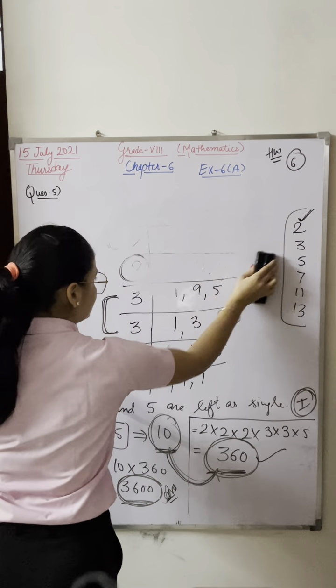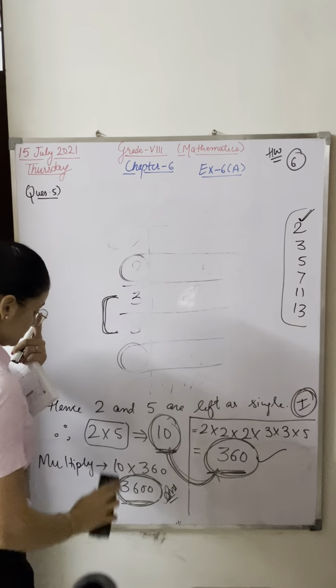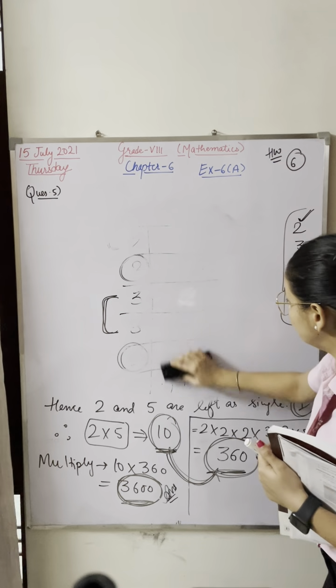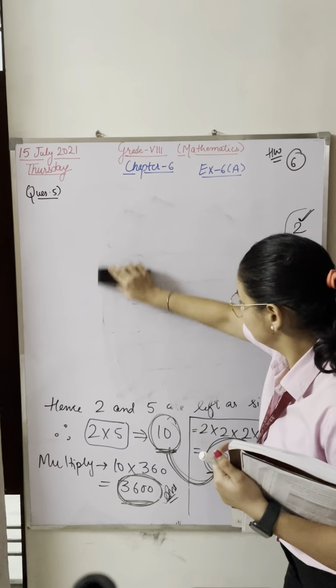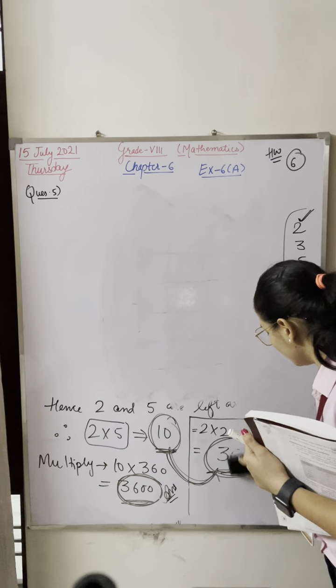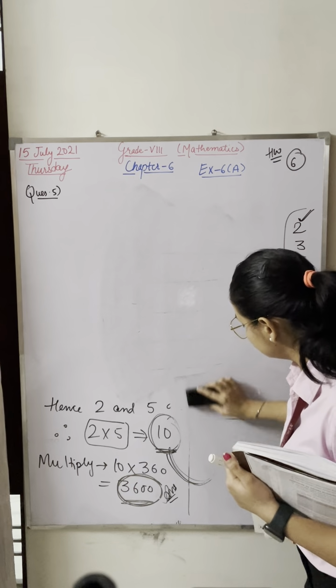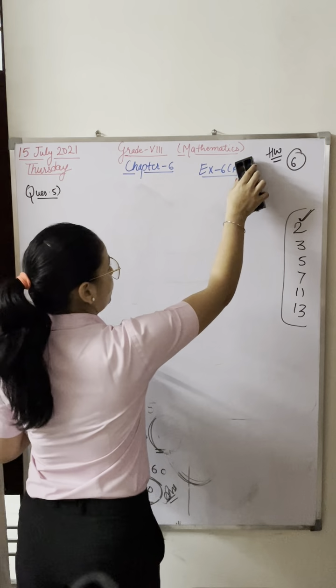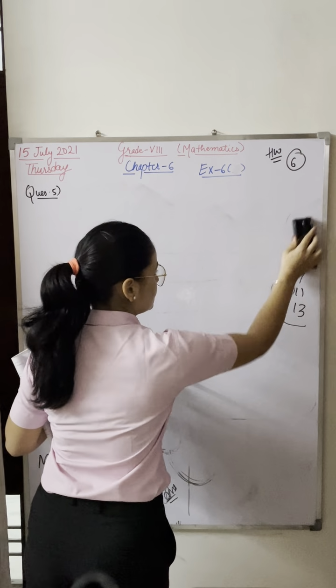Now let's start with the next concept. Open exercise 6B. I'm telling you in advance, in exercise 6B you have to learn some rules. 6B is based upon some rules. No worries, we'll learn these rules side by side with the questions.